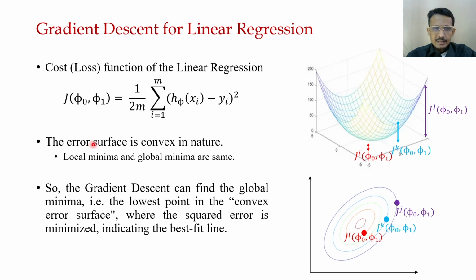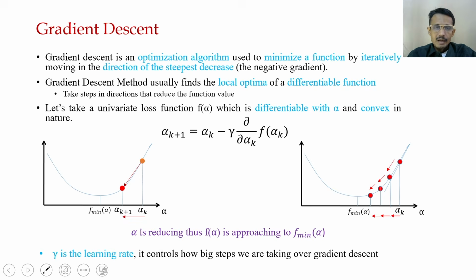Now as this error surface is convex, local minima and global minima are the same, as you already said. So if we start from anywhere in this error surface and can reach this global minima, our square error will be minimized, and that is our requirement.